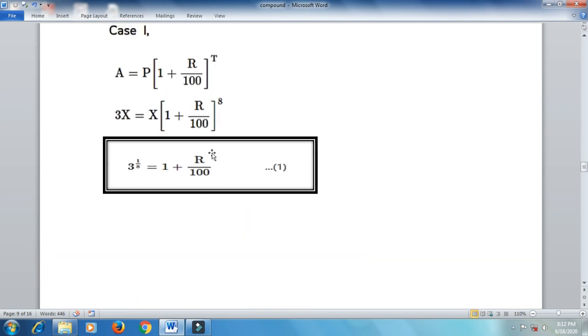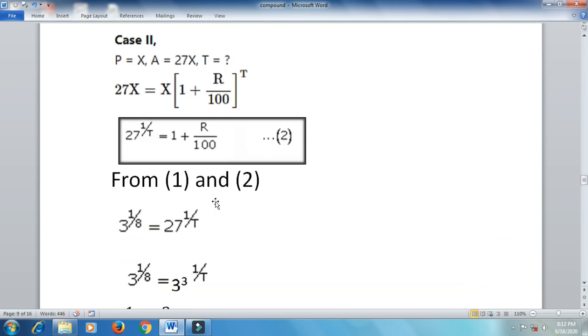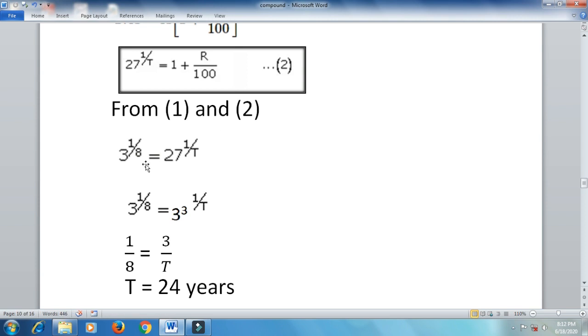Result number 1 is equated for 1 plus r by 100. Result number 2 is also equated for 1 plus r by 100. So if you equate result number 1 and 2, 3 to the power 1 by 8 is equal to 27 to the power 1 by t. Here 27 can be expressed as 3 cube, hence it results as 1 by 8 is equal to 3 by t.